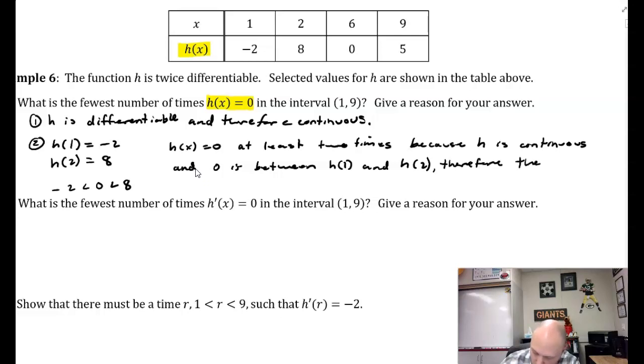Therefore, there is a time c, I'll say between 0 and 2, where h of c is equal to 0.